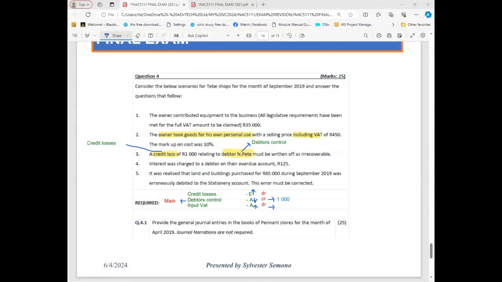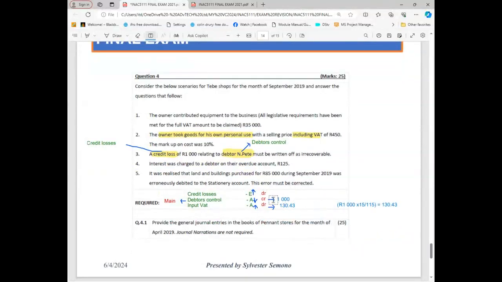I'm going to say 1,000 times 15, divided by 115. You can just see how much it is. I get something like 130.43, so I'm going to put 130.43. This is how to calculate that. I think you know by now.